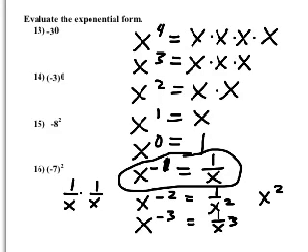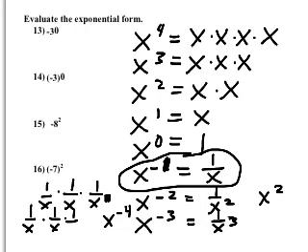Or x to the negative 3rd power is 1 over x times 1 over x times 1 over x. Or x to the negative fourth power is the same as 1 over x times 1 over x times 1 over x times 1 over x.